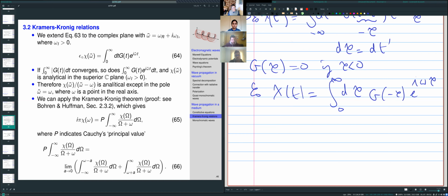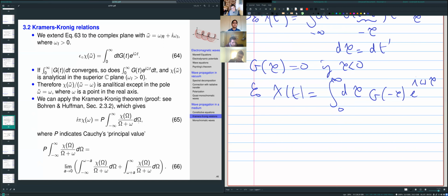And we say, well, this is analytical too, except in the pole. This is a mathematical property which allows us to write down finally this equation 65, which says that the value on the pole is connected to the integral along the real axis of the omega.